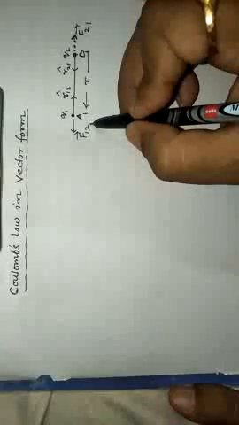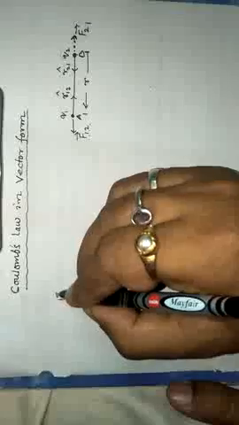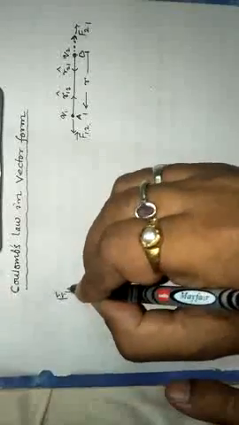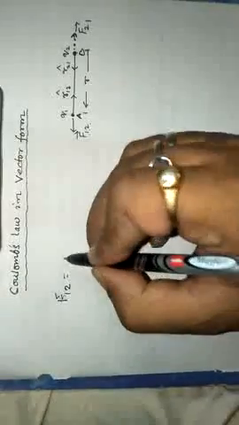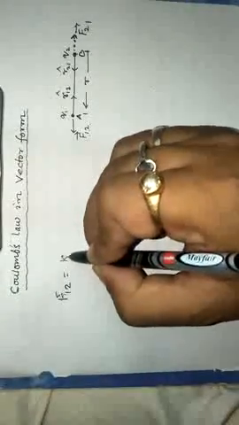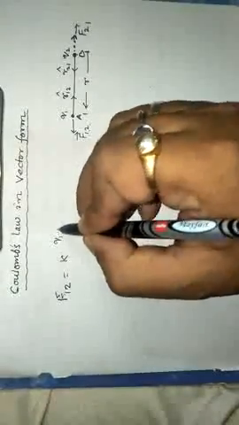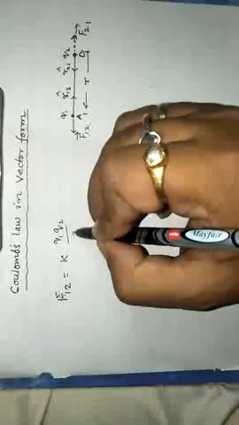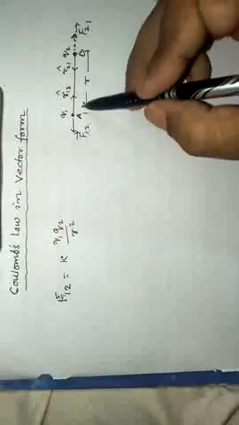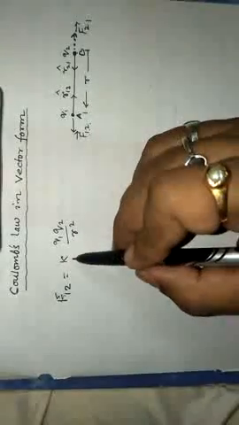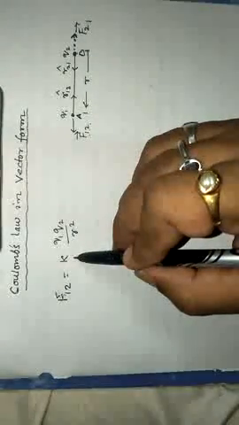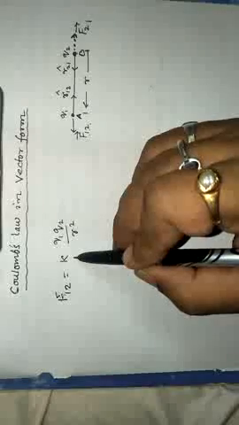So we can say that F12 is equal to K into q1 q2 divided by r squared. Now r is the distance of separation between the two charges. K is a constant. In SI unit it is 1 by 4 pi epsilon naught.